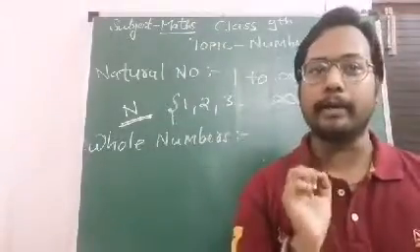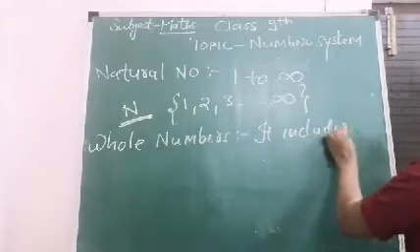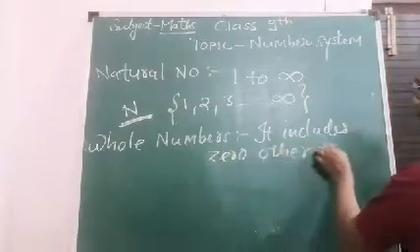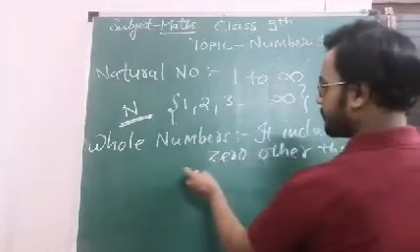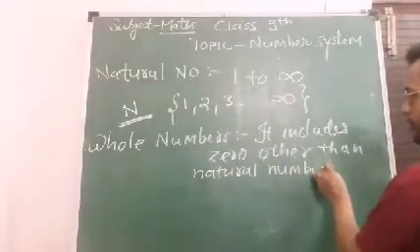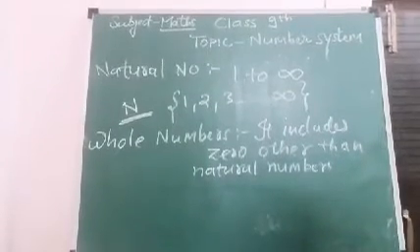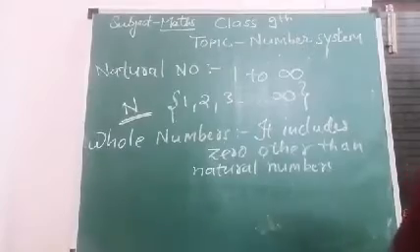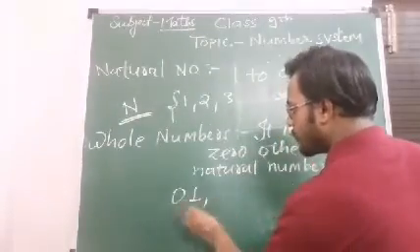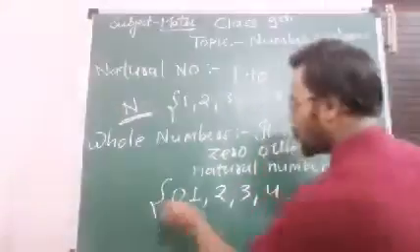Only zero is included, the rest is as it is. It includes zero other than natural numbers. So if we place zero in front, then 1, 2, 3, 4 up to infinity, these are the whole numbers.